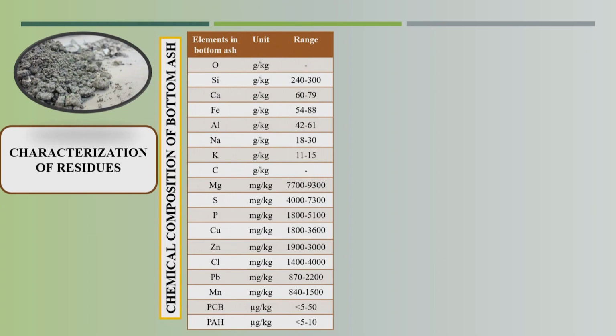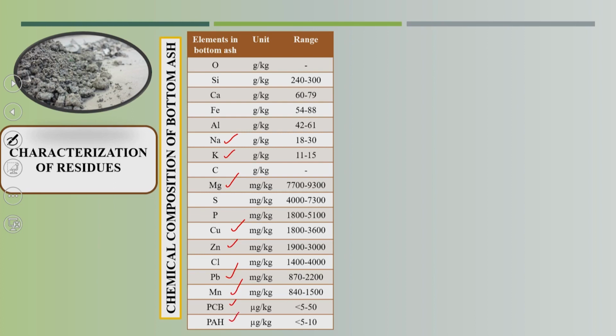Now, the characterization of the residues. Here you see the chemical composition of bottom ash. These are good nutrients, sodium, potassium, magnesium are available, but it also has a lot of metals, and these are carcinogenic metals like manganese, and it will even have PCB and PAH also.